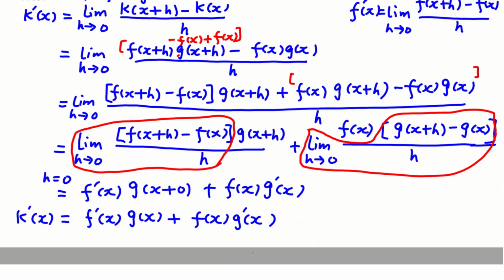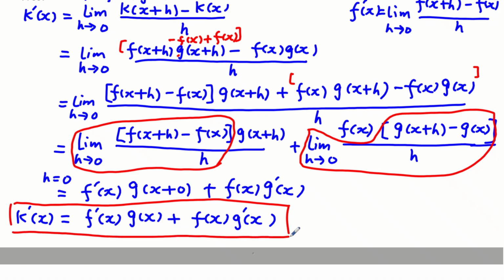And this is the rule that we learned today. So you need to memorize this product rule. Then after that, we are going to apply this rule to see how we can find the derivative of a function which is a product of two functions.